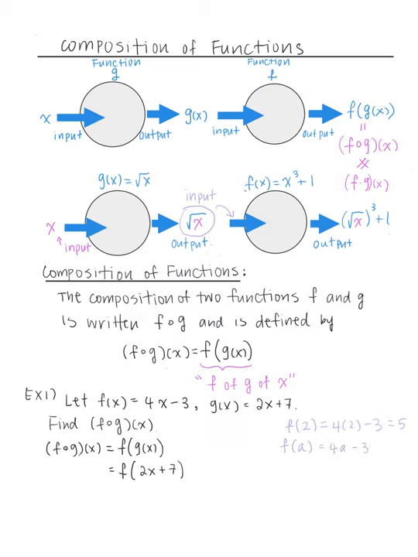Now let's look at f of happy face. I know this is so not math right now. Same argument: you need to replace x with what's in the parentheses, which is a happy face. So we have f of happy face equals 4 times the happy face.